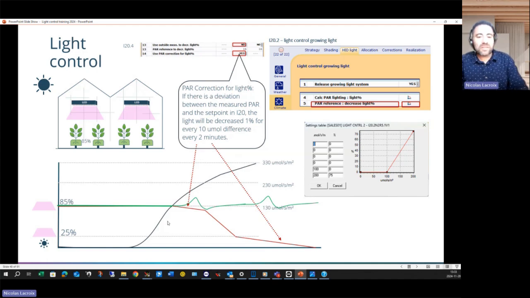Depending on how fast you want to react, you can use only that or use it in combination with that table. You can say, at a certain level I want to dim faster because I know that I will overshoot my par level too much. So we see here the par correction. We dim with the par reference decrease line, line 5 here. And when I'm at 25%, then my par correction will take over and slowly dim to 0%.